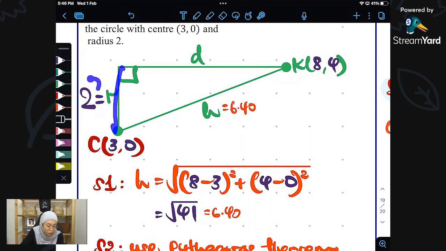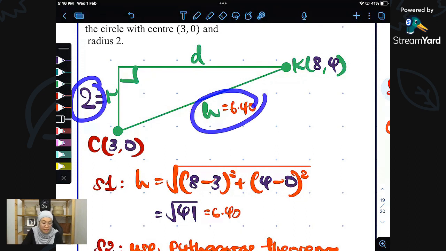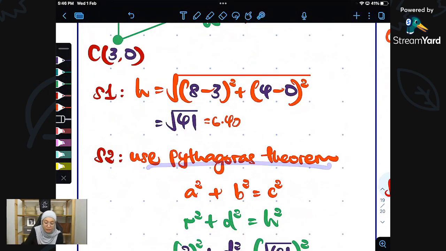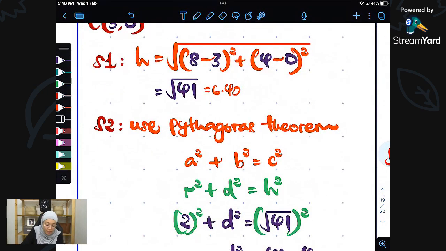Okay, so it's logic lah. The radius is much more smaller than the hypotenuse. All right, so this is 2 units, this is 6 units, 6.4 units. So how about this then? I bet this will be like 5, no, 4 or 3, I do not know. So let's find this D by using Pythagoras theorem. So I just sub in my radius first. So Pythagoras theorem, I think you know this already, right?